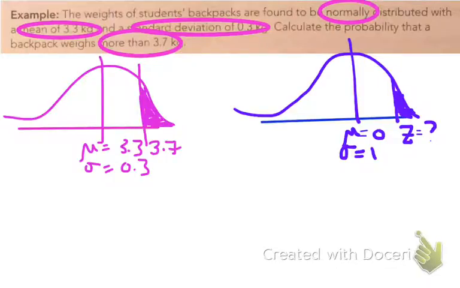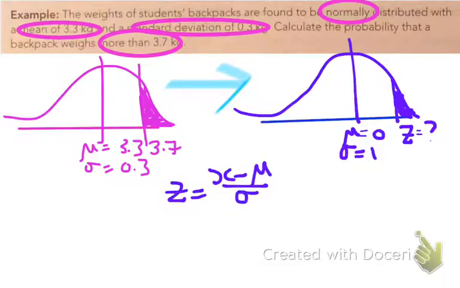So to do our conversion, we are going to use our z formula for that. So let's have a look. Z equals x, take away the mean, over our standard deviation. And in this case, our x value is our 3.7.